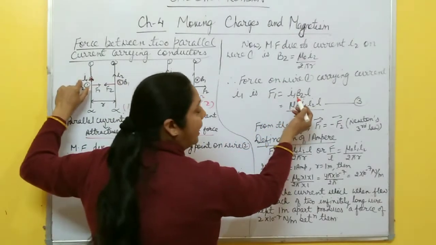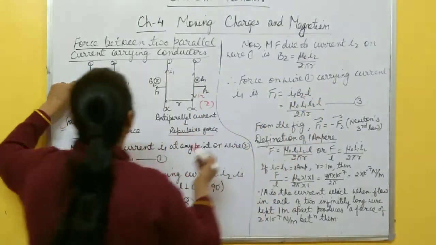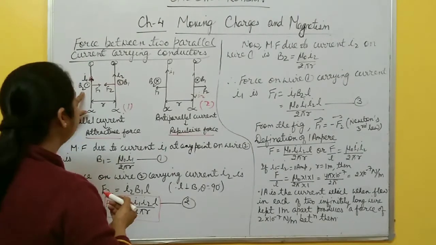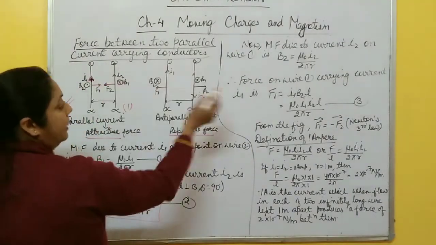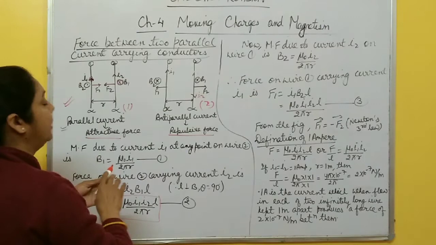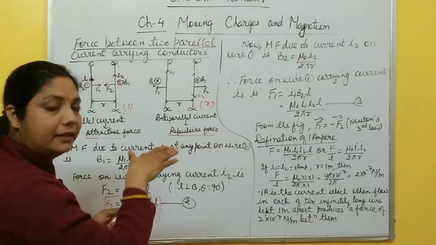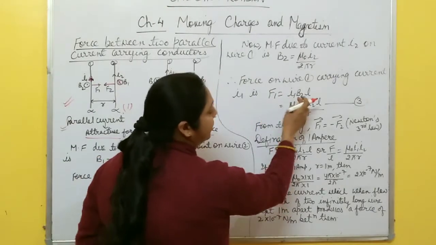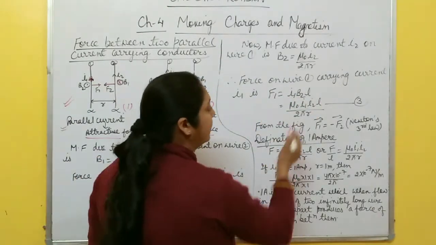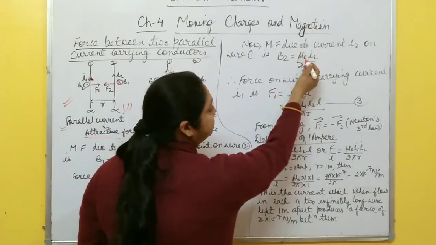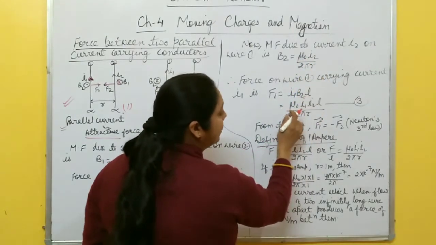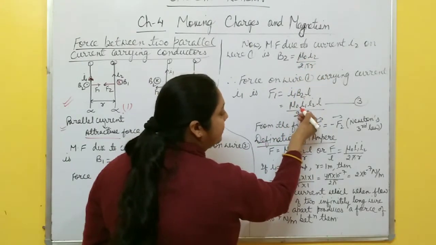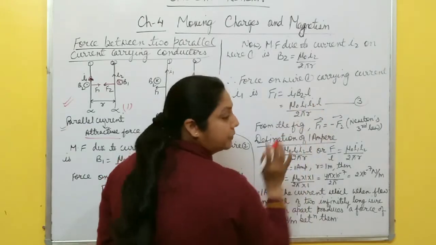This is given by I1 B2 L. Here the angle between current and magnetic field is 90 degrees. So, sin 90 is 1. So, you just write F1 equal to I1 B2 L. You put the value of B2 from this equation, mu naught I2 by 2 pi r. You get the value of F1 as mu naught I1 I2 L by 2 pi r.